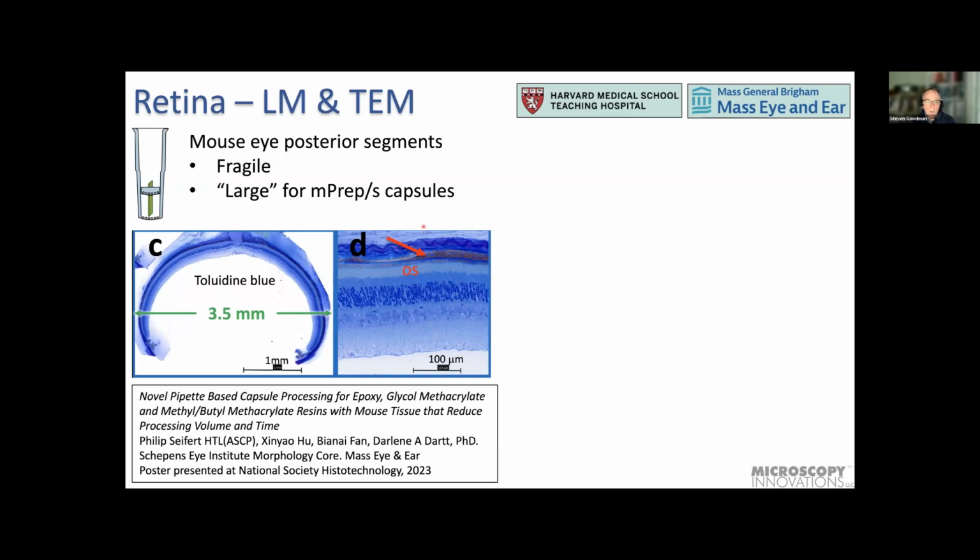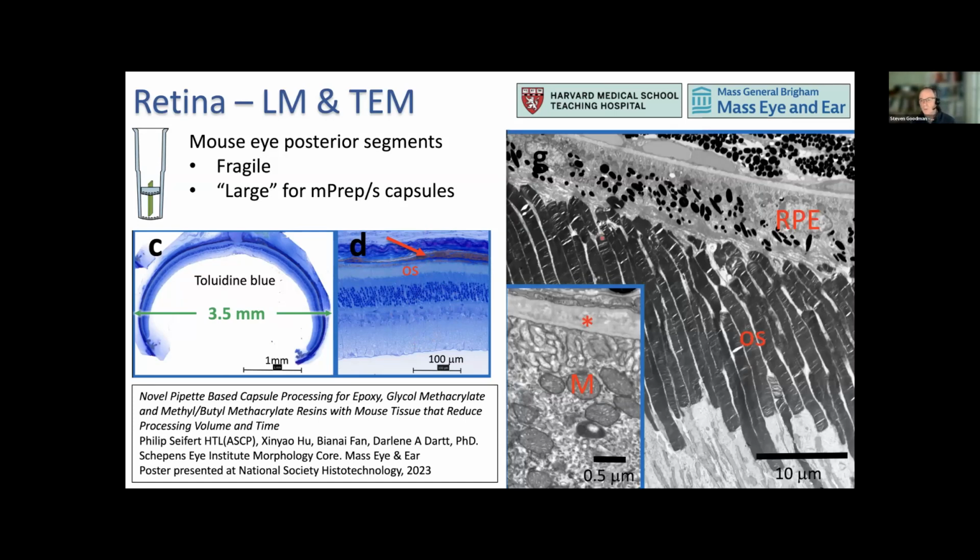And everything is very well preserved here with the staining in here, and here's the TEM with excellent preservation of the outer segments, the pigment epithelium, the mitochondria, and such. So again, just showing one of the examples of how this can be done. Phil presented this with his colleagues at National Society for Histotechnology last year.